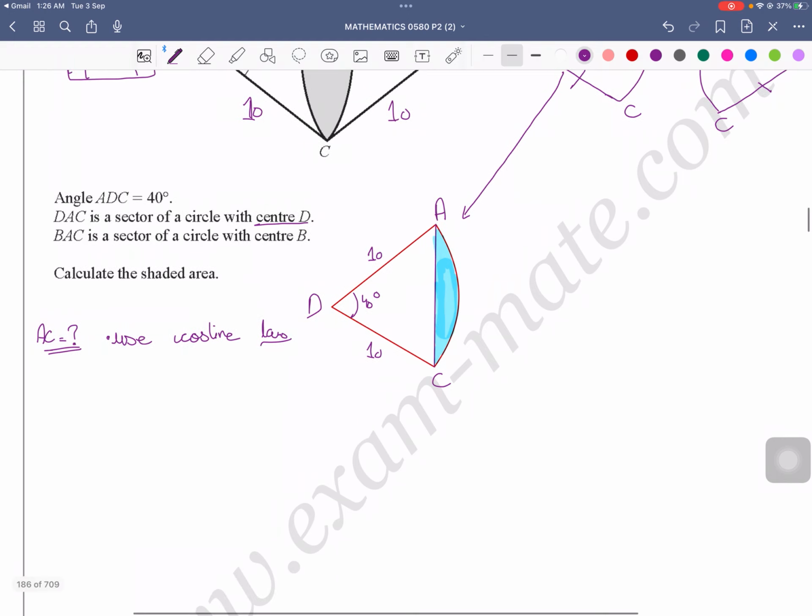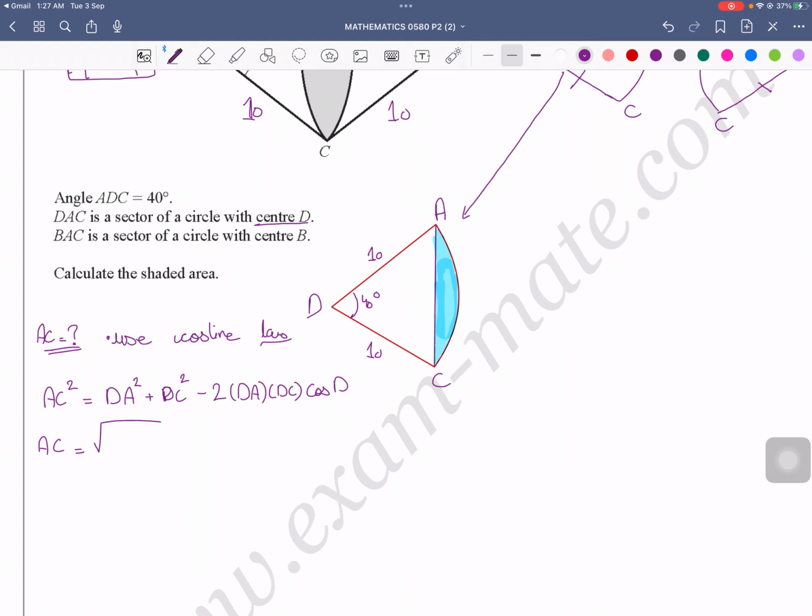What is the cosine law equal to? AC squared is equal to DA squared plus DC squared minus 2 times DA times DC times cos D, and then I'll take the square root in order to find the actual length.